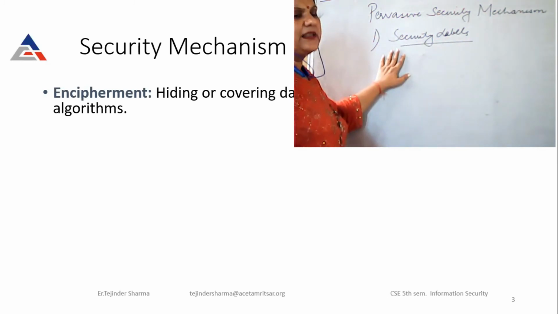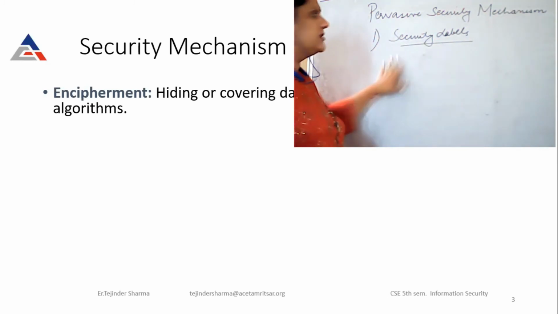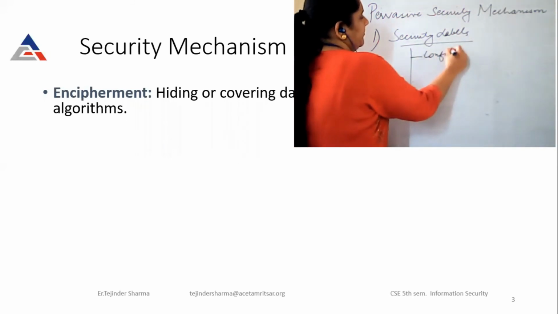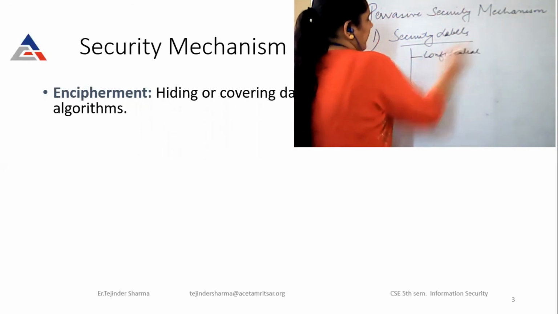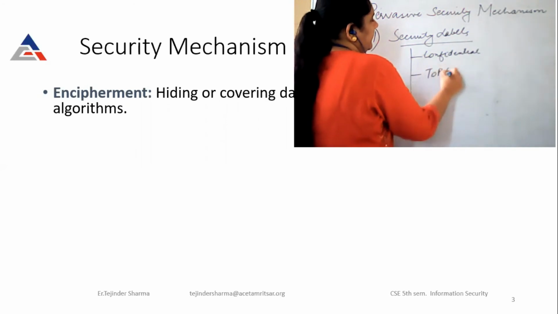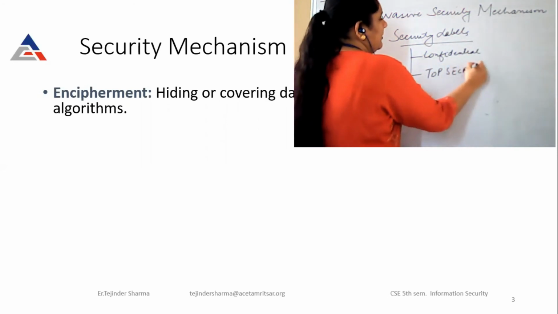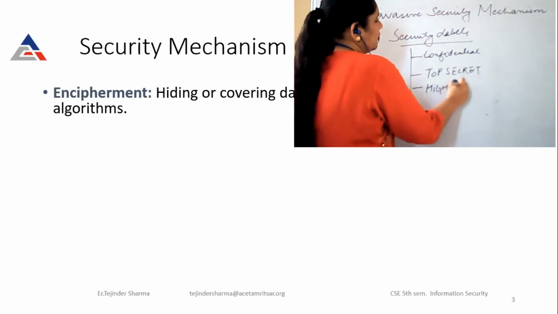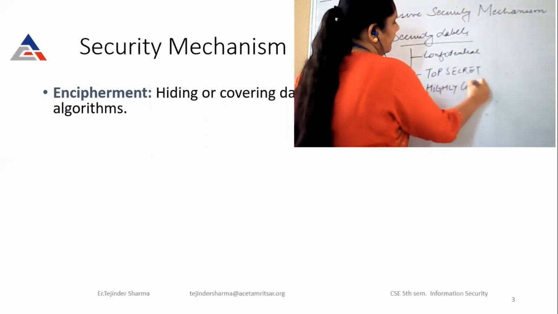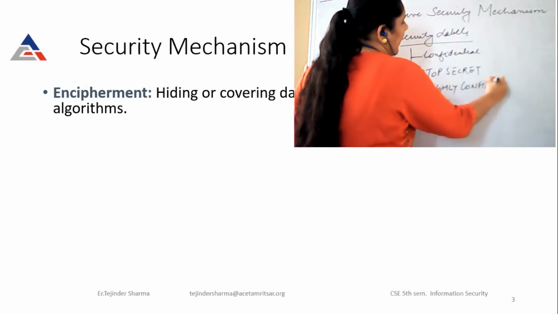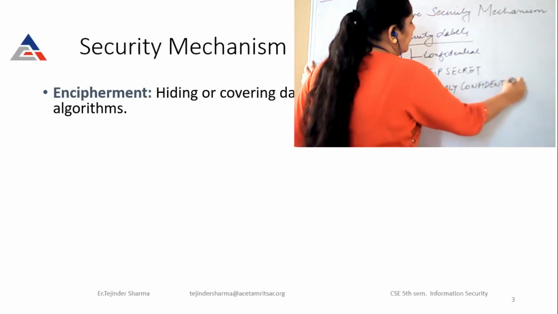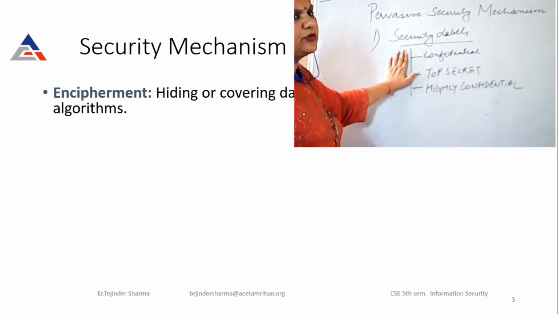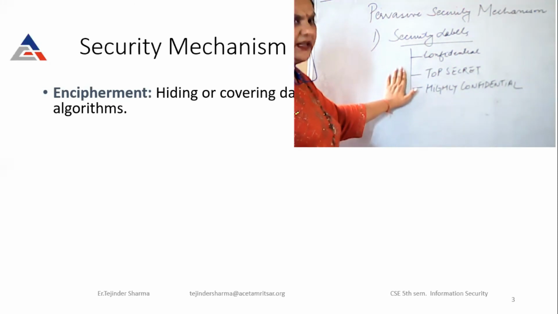The security labels are attached to the files, like confidential, top secret, highly confidential. These are the labels which could be attached to your logical file, and access is denied to almost every employee and limited to a few persons in the organization.